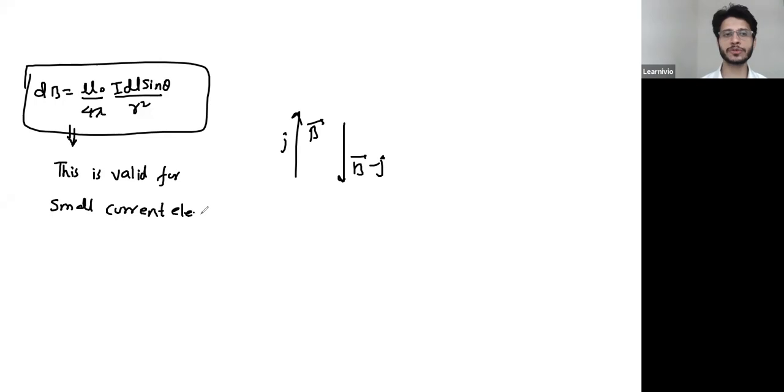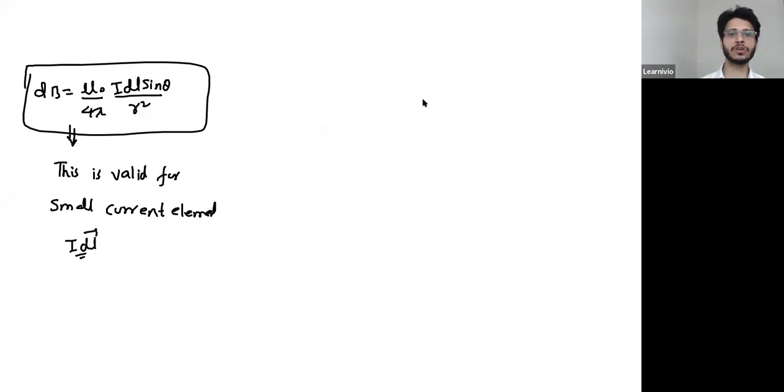It's just like Coulomb's law. Coulomb's law was valid for a point charge, and this is for a small current element I dl. You cannot use this Biot-Savart's law directly for a long wire. If I say that this is my wire, it's carrying some current I, you cannot use Biot-Savart's law for the complete wire. You will use it for a small current element only.